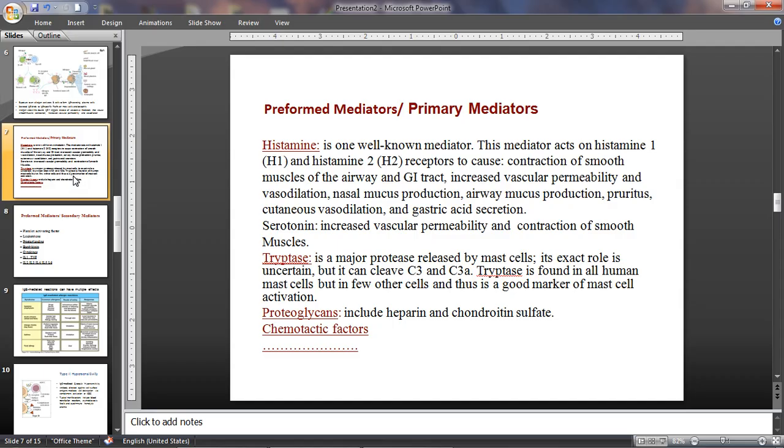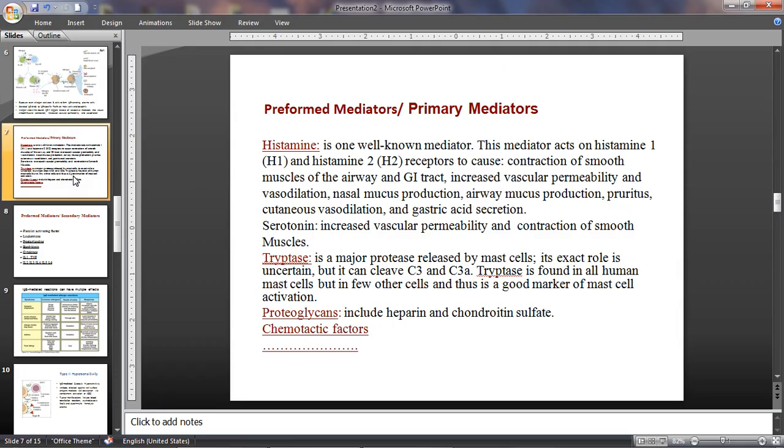Here I would remind you that gastric acid secretion is due to the action of histamine on the H2 receptor. All other effects are mediated via the H1 receptor.